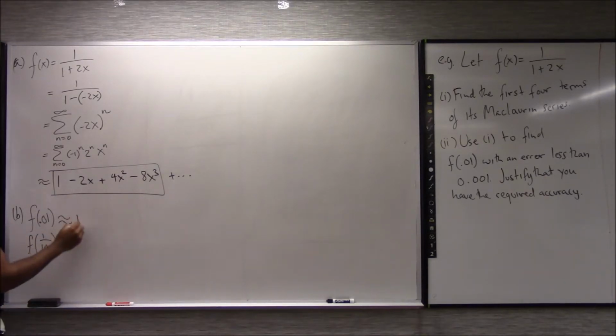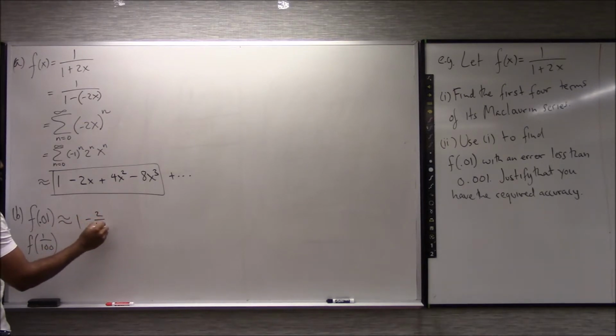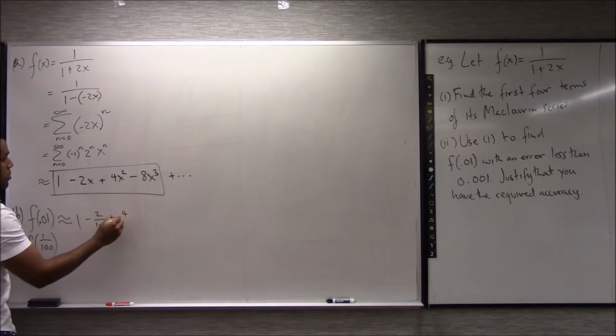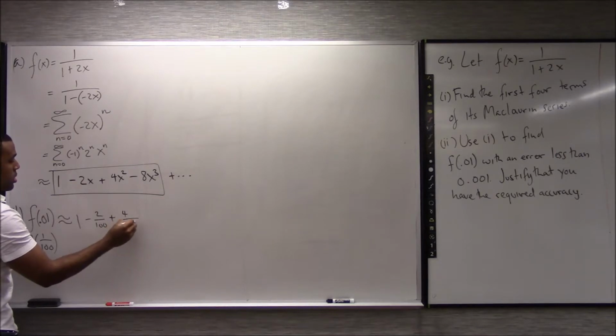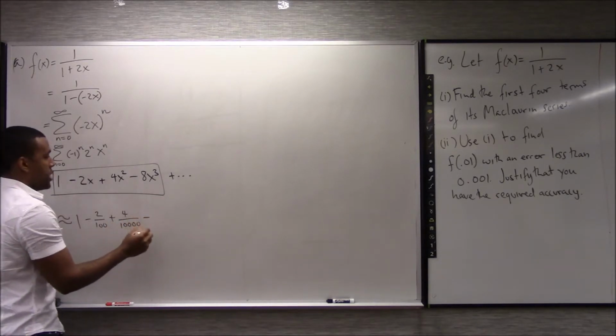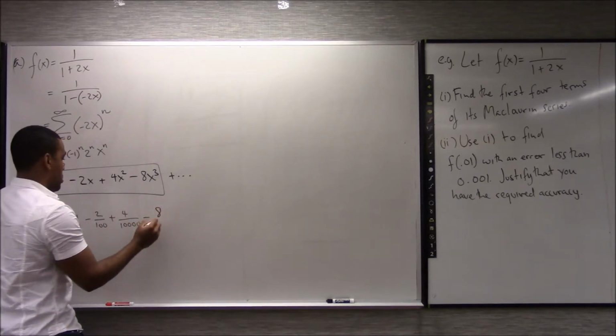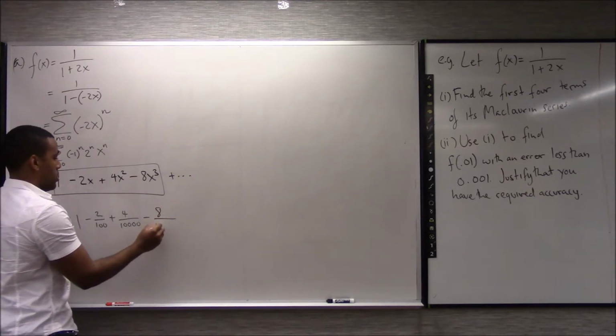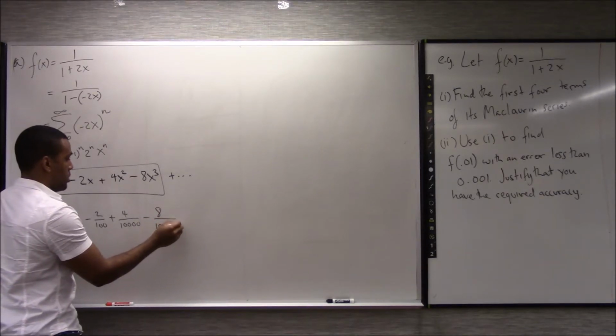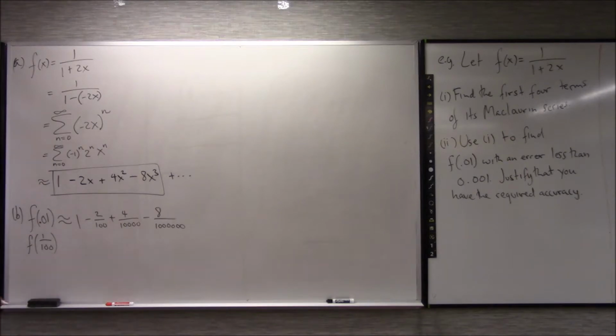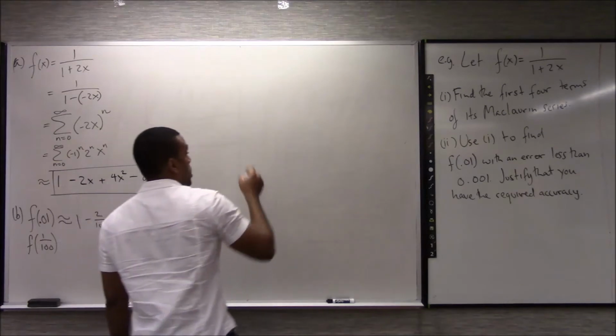So that's going to be 1 minus 2 over 100 plus 4 over 10,000 minus 8 over 1,000,000. Okay, so what's your approximation?